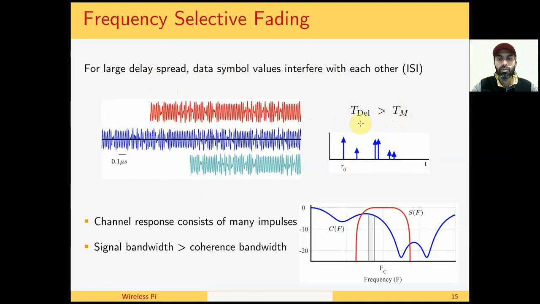Going into the frequency domain, coherence bandwidth is less than the signal bandwidth. Recall that the coherence bandwidth is defined as the range of frequencies over which the channel can be assumed nearly constant. When the signal bandwidth is larger than the coherence bandwidth, then some parts of the signal experience a good channel, while other parts experience a bad channel.